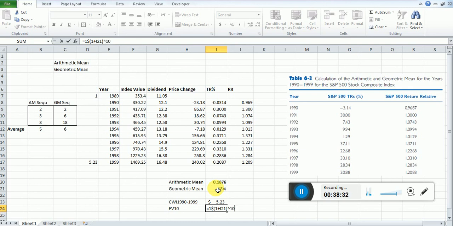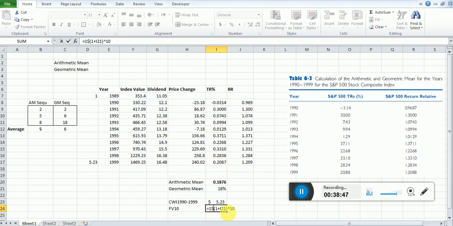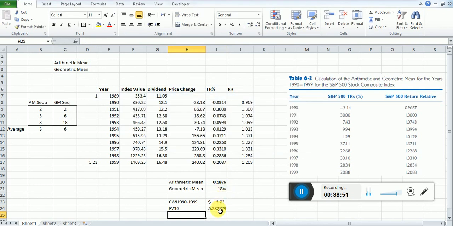What does this mean? We try to know, if we make an investment of $1 and the average return is 18% for 10 years, how much will that become? Look, press enter. Just remove the dollar sign, press enter. Look, this is equal to exactly 5.23.